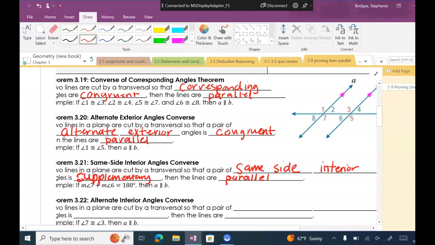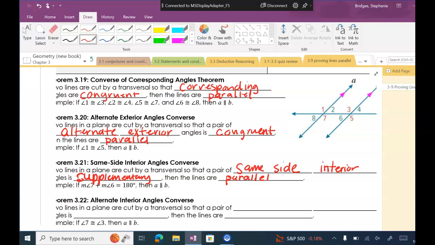Okay, if a pair of same side interior angles are supplementary, then the lines are parallel. So for example, if angle 2 plus angle 3 equals 180, or angle 7 plus angle 6 equals 180, then lines A and B are parallel.